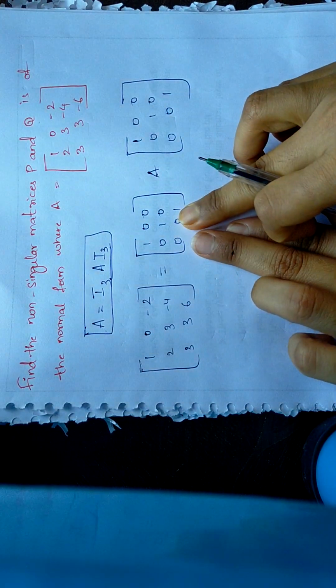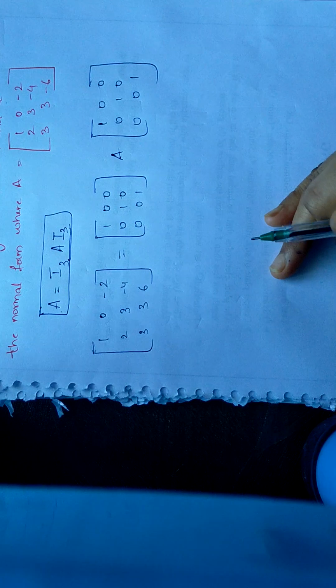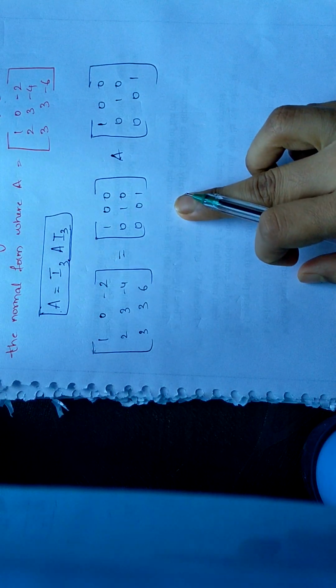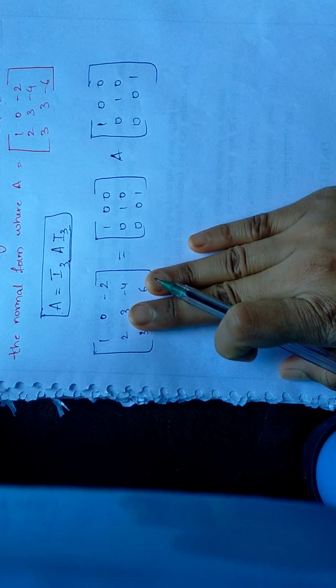Now you will see we have an identity matrix here, an identity matrix here also, and here we just keep it as A. How do we know we have achieved the solution? You should use the same row and column operations here also, and using those operations you have to make this matrix an identity matrix.